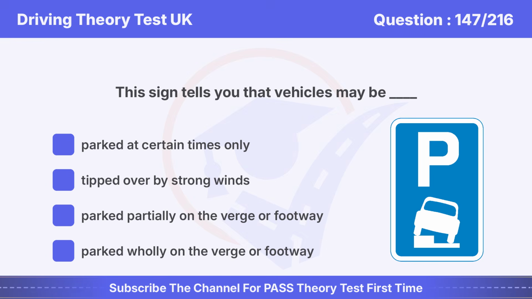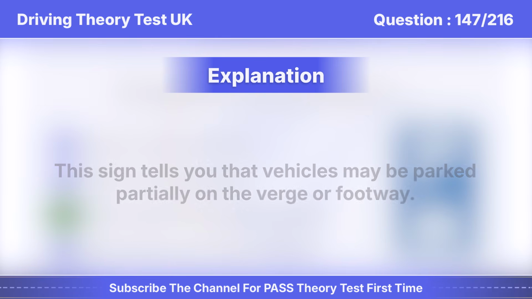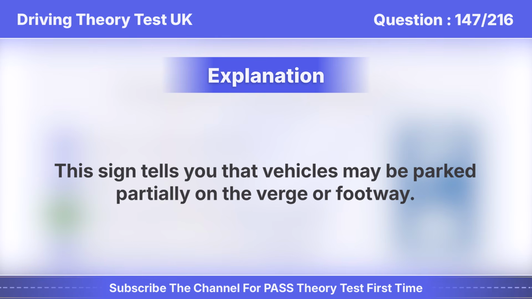Question 147. This sign tells you that vehicles may be. Answer is C. Parked partially on the verge or footway. This sign tells you that vehicles may be parked partially on the verge or footway.